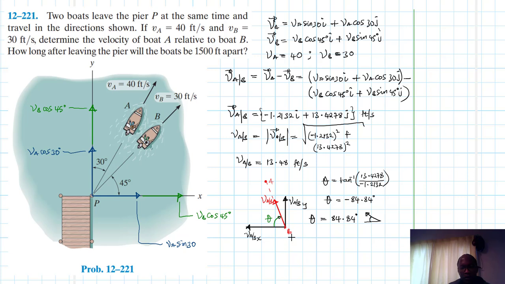With respect to B, A seems to be moving in this direction, with a positive y and a negative x.